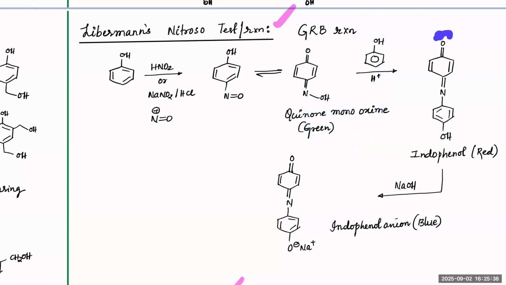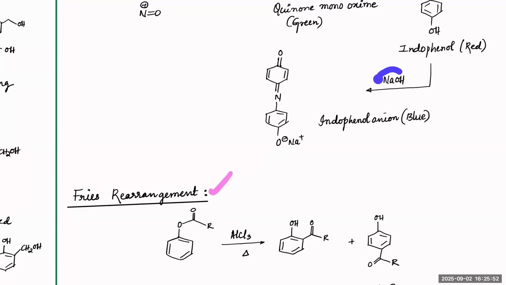Now this time, the product which you will get here will still have a quinoid form. Can you see this is still having a quinoid form? And that will also show color. And this time the color is red. And the name is indophenol. And if I take NaOH, this OH minus will take away H plus, and OH will become O minus, and still I have a quinoid form.